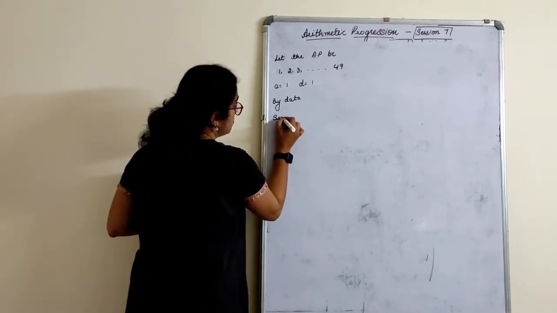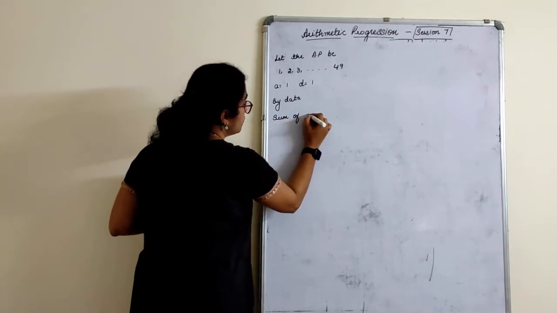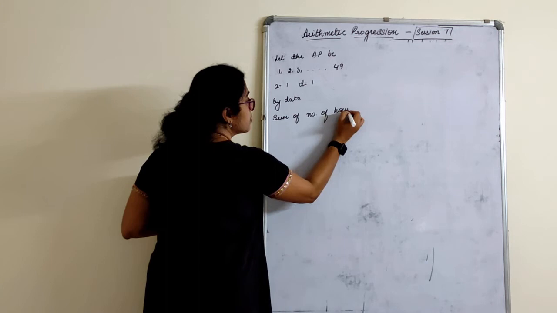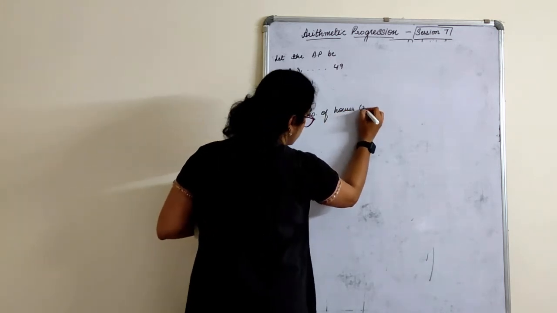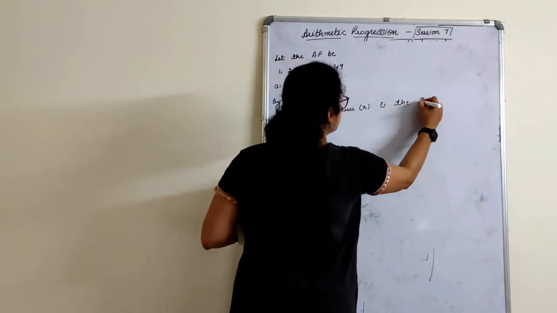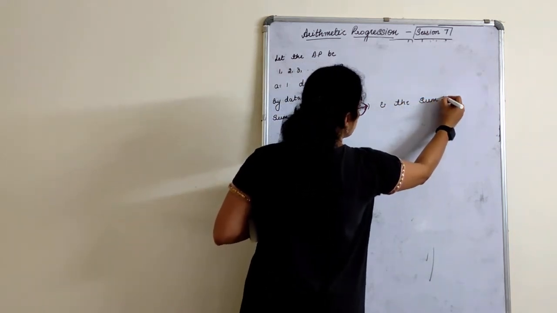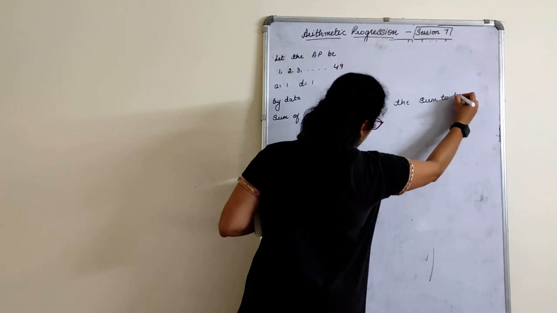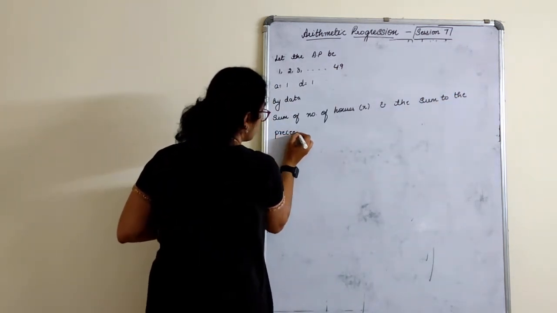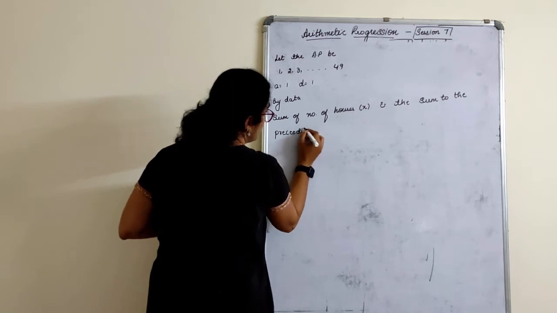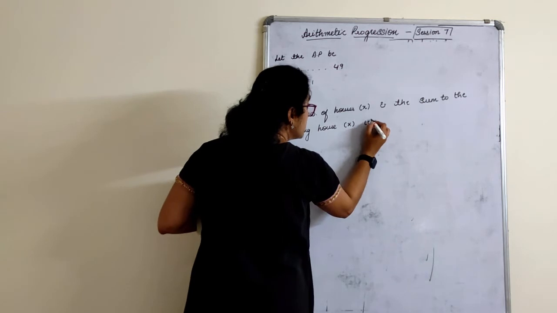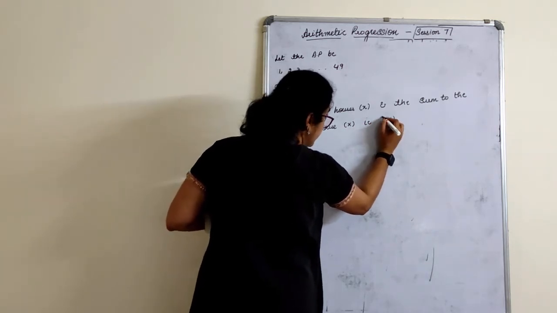So sum of number of houses x and the sum to the preceding house x, that is x minus 1.